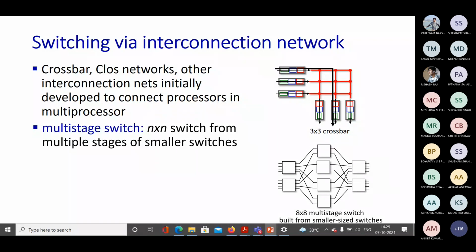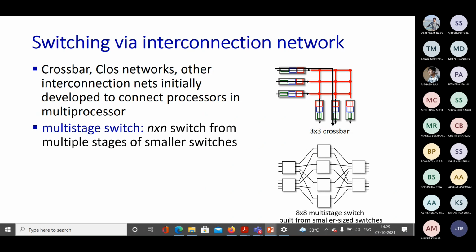So what can be done if we still want to have a large number of input ports and output ports added to a router, and still want a better or faster switching rate?